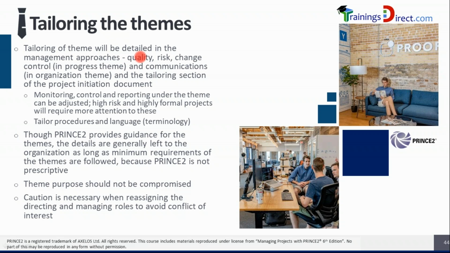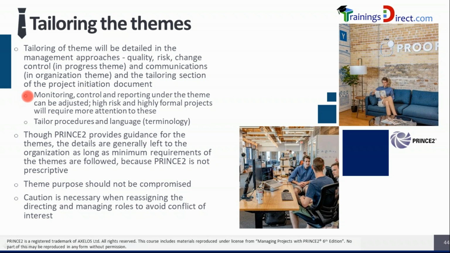For example, in the quality theme, the tailoring can be done by defining what will be the structure for the product descriptions, or the project product description. And the tailoring section of the project initiation document will also include some additional guidelines for tailoring of the project.